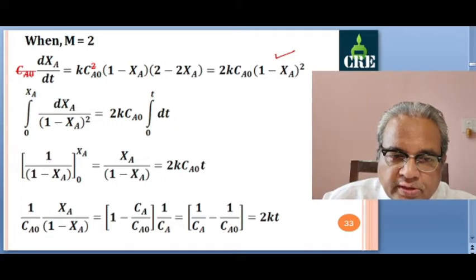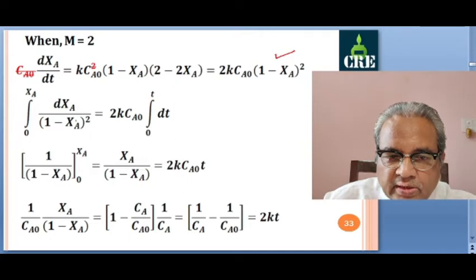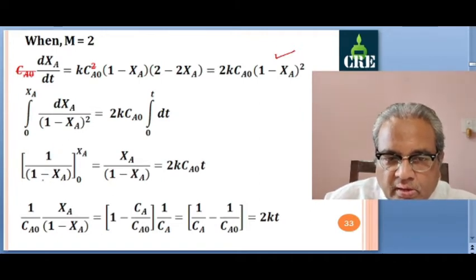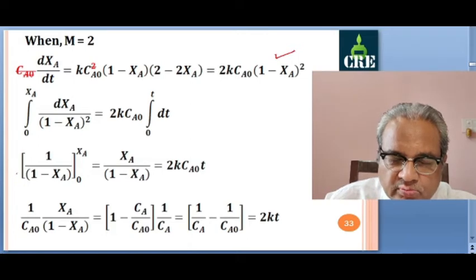We know the integral of dxa by (1 minus xa) square: (1 minus xa) raised to minus 2 plus 1 means minus 1, and the integral is 1 upon (1 minus xa). Divided by minus 1, and the derivative of this is minus 1, so minus minus becomes plus. So 1 upon (1 minus xa) between the limits 0 to xa.